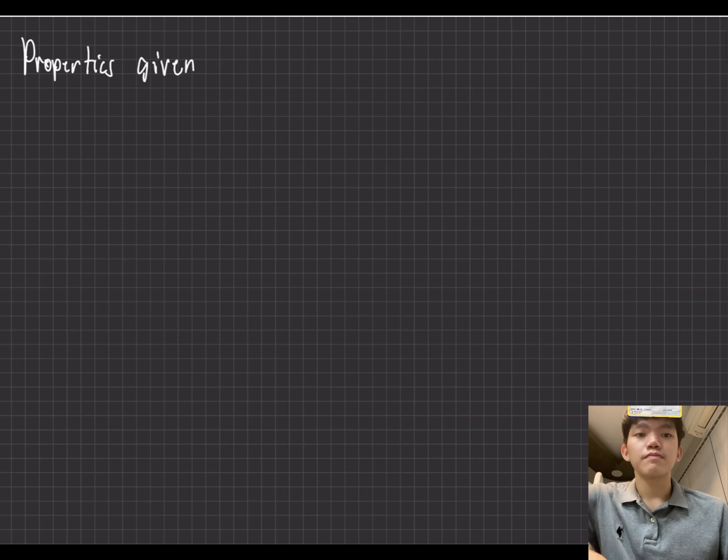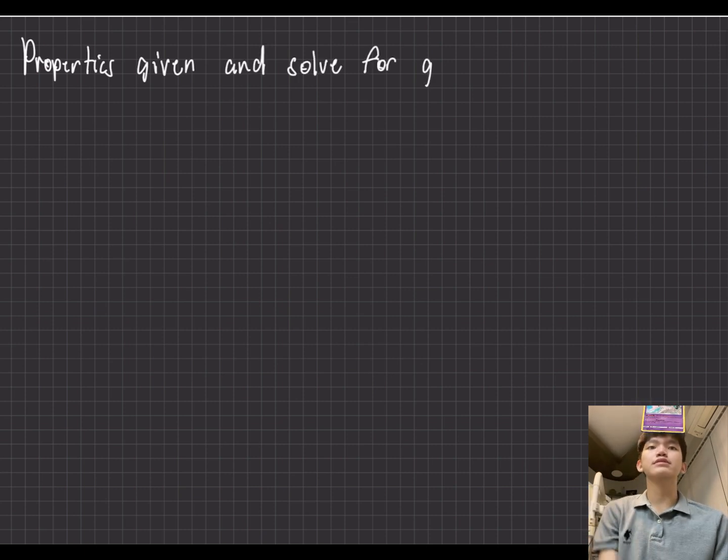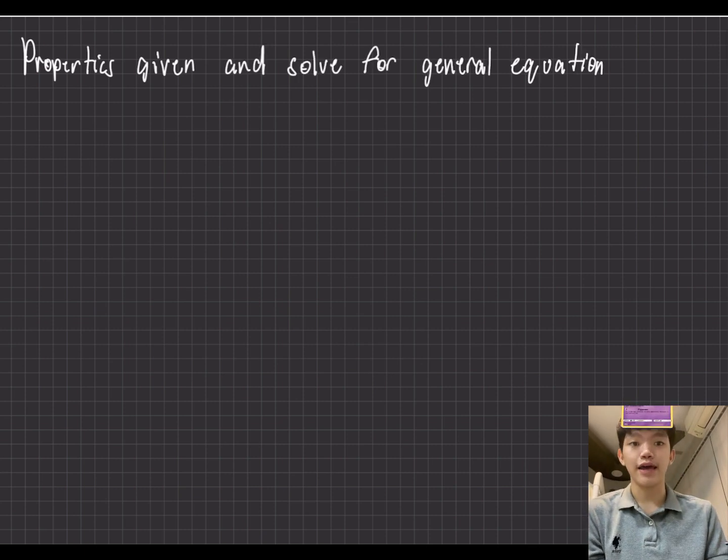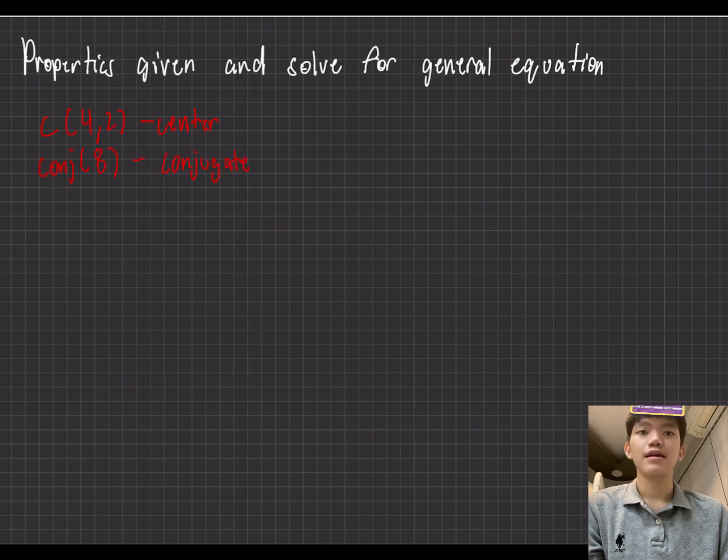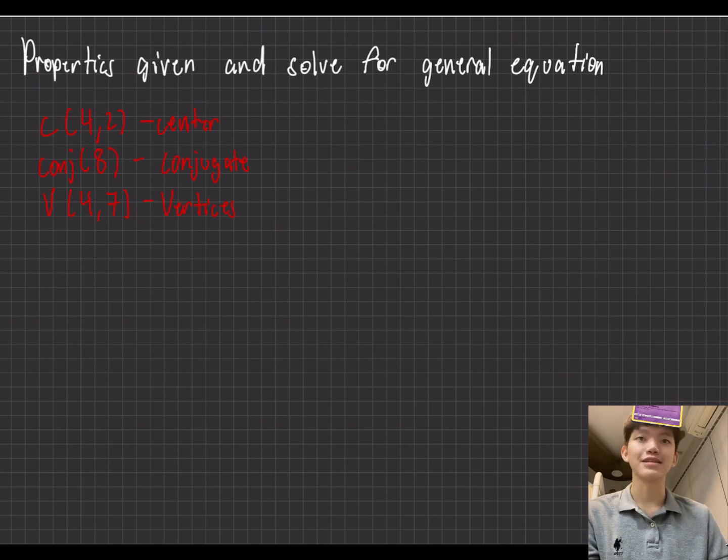So now, given the properties, solve for the general equation. So we have the given center of 4 and 2, and the conjugate of 8, and the vertex of 4 and 7. Let's identify the axis.